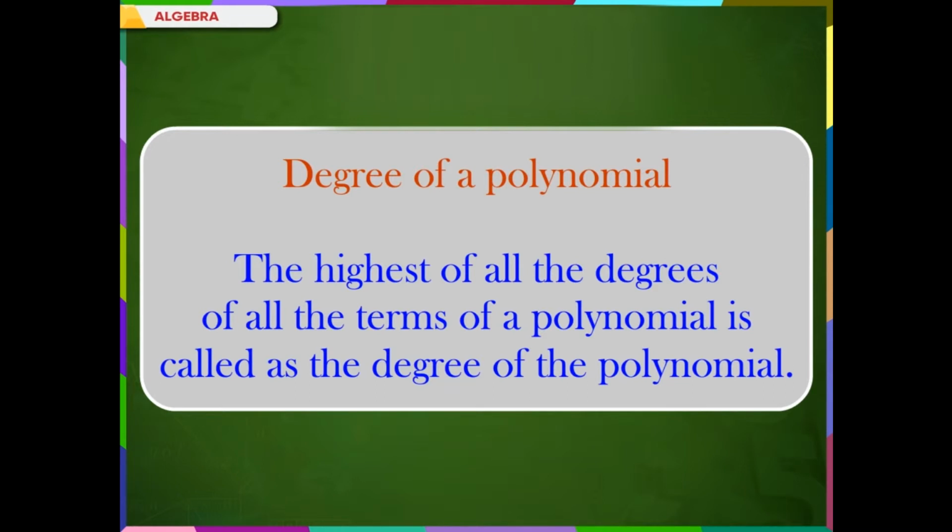Degree of a polynomial. The highest of all the degrees of all the terms of a polynomial is called the degree of the polynomial. Let us understand how to find the degree of a polynomial using this example.